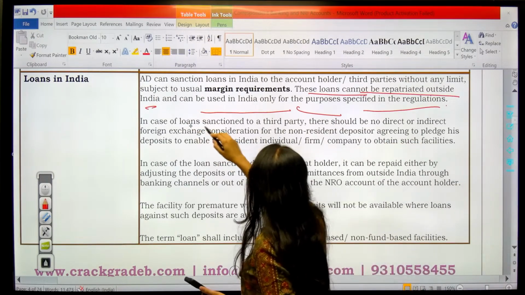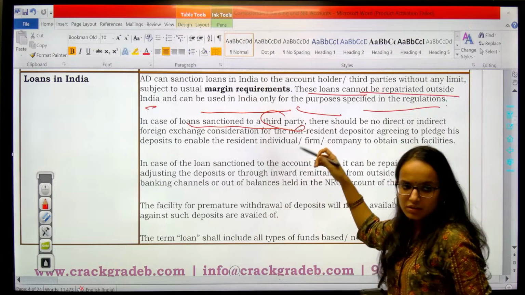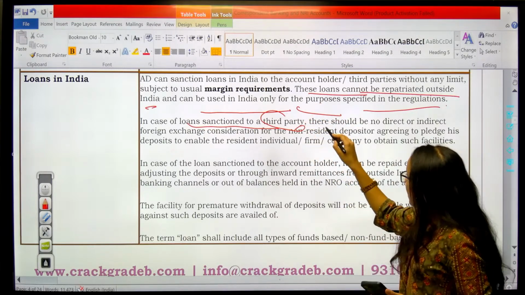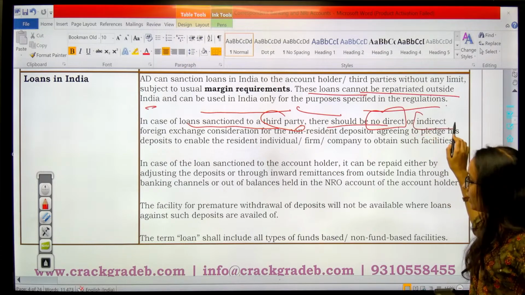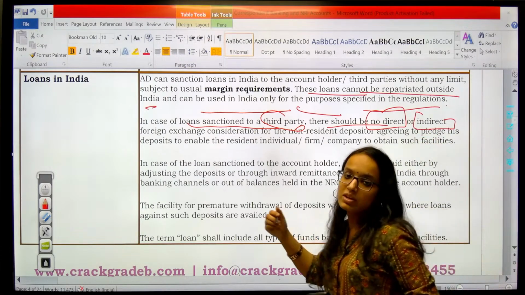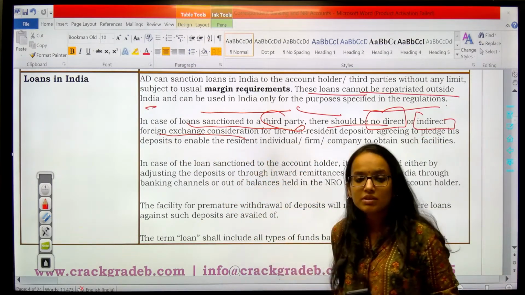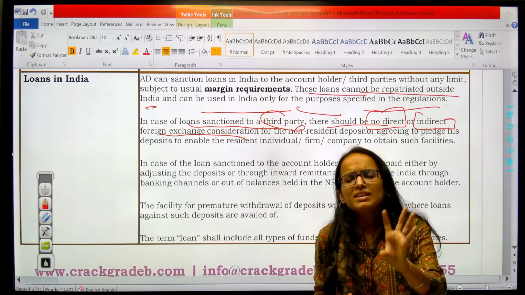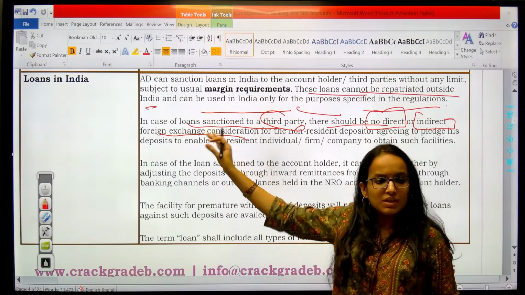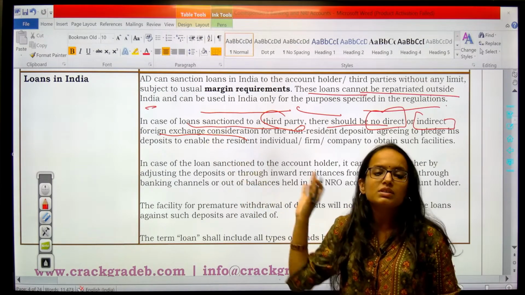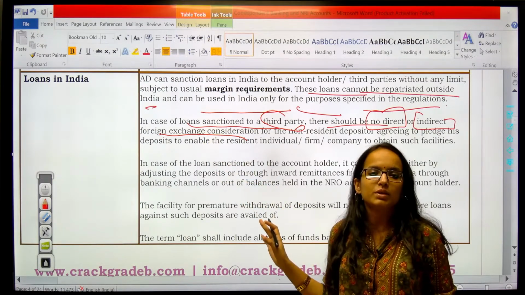Then in case of loans sanctioned to a third party or the NRE account holder, there should be no direct or indirect foreign exchange consideration. That means any foreign currency benefit cannot be given on loans granted to these NRE account holders in India. This is to be remembered.